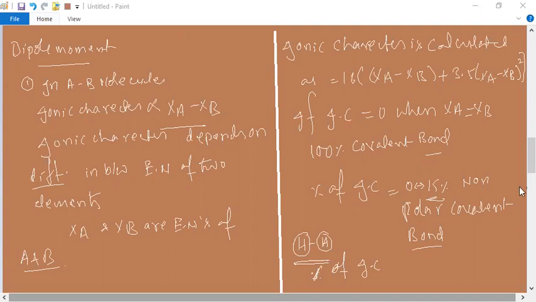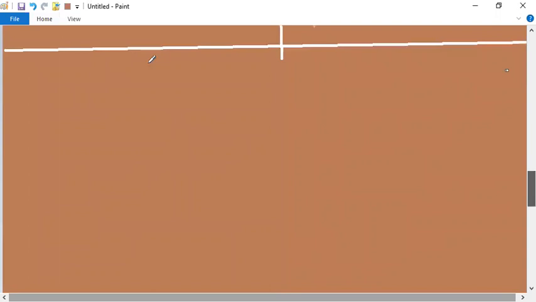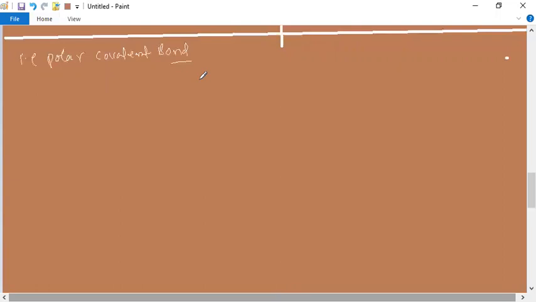And if the percentage of ionic character is greater than 50%, then you can tell that it is an ionic bond.